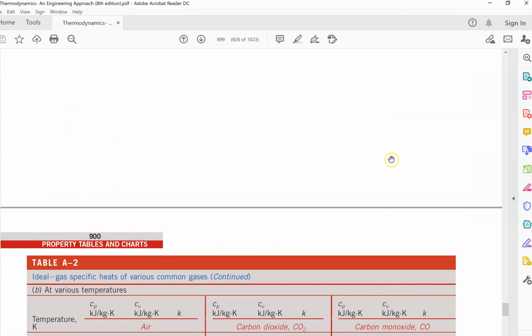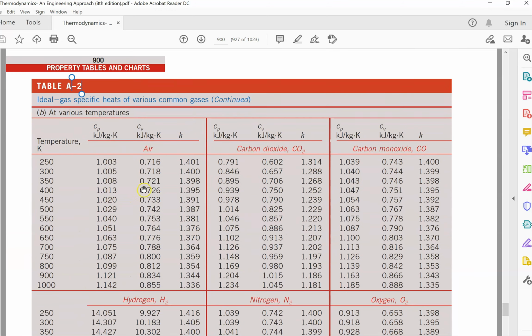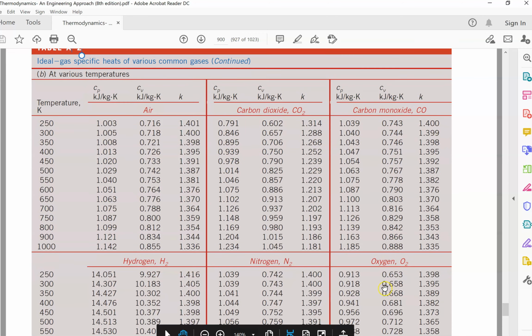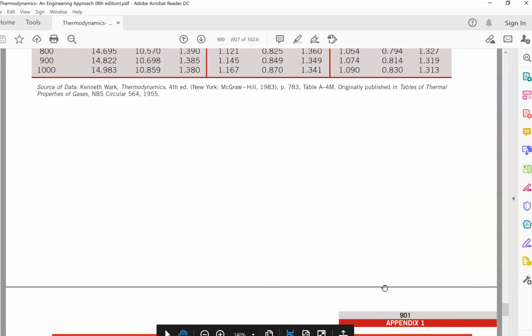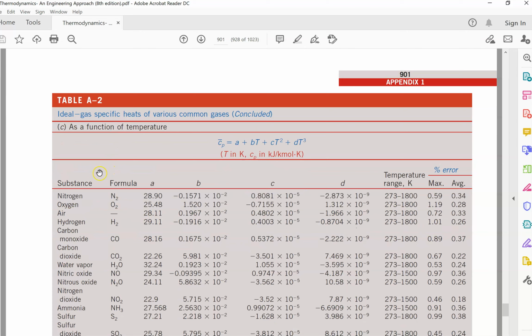Now table A2 continues with table A2b, where it is still Cp and Cv, but this is for various temperatures for common gases. This one is for air, this is for carbon dioxide, carbon monoxide, hydrogen, nitrogen, oxygen, and so on. Next we have table A2c, different substances. Can you see the formula up here?